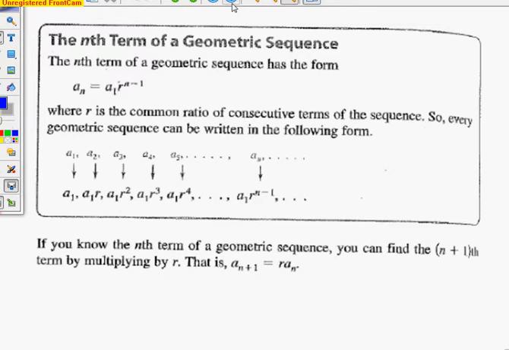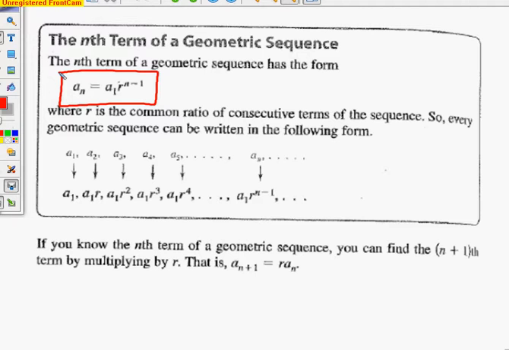So now, how do we find the nth term of a geometric sequence? Well, here's your formula. To find the nth term, a sub n equals a sub 1, the first term, times that common ratio to the n minus 1 power. This is very similar to the arithmetic sequence. A sub n equals a sub 1 plus n minus 1 times d.